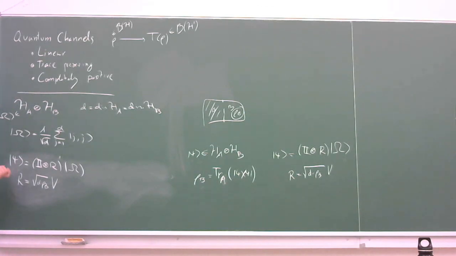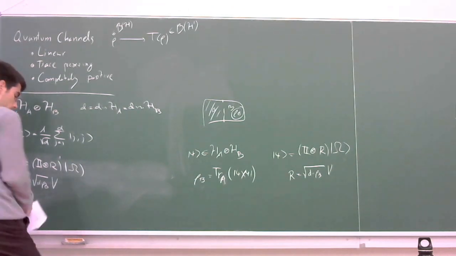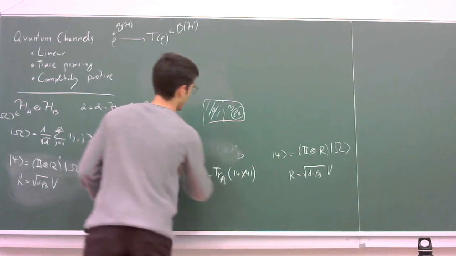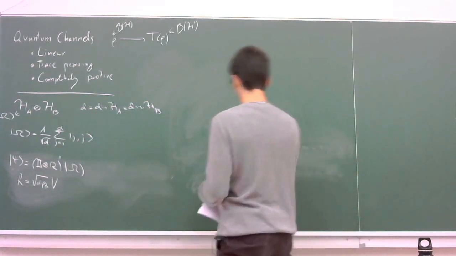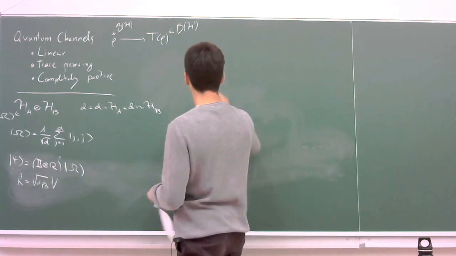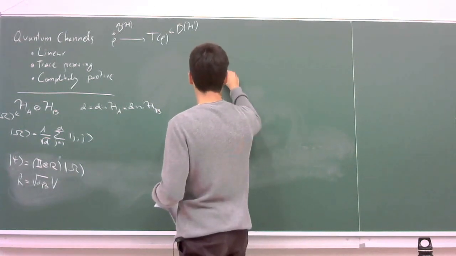You mean computing the trace of this? No, to see that if you trace out the A subspace of C, you obtain rho B, but it's in one line. Well, on the blackboard. Okay, so if we write.